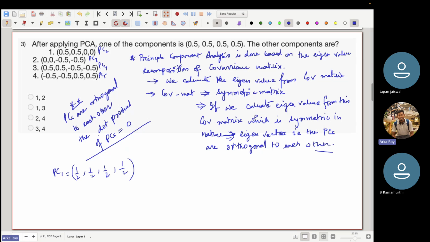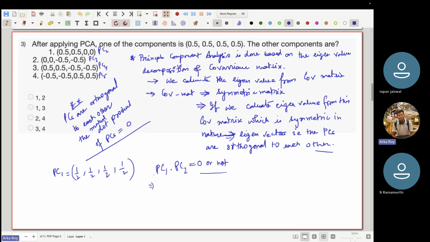As we have discussed, the dot product of the PCs should be equal to zero, and they are mutual, so I can write that as they are orthogonal to each other, the mutual dot product is equal to 0. So I have to find whether PC1 dot PC2 equals 0 or not.